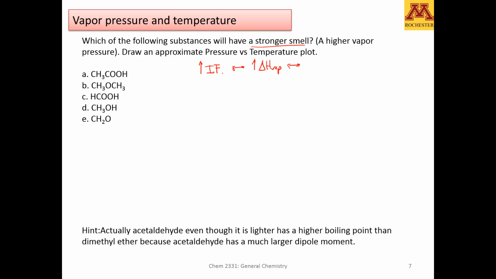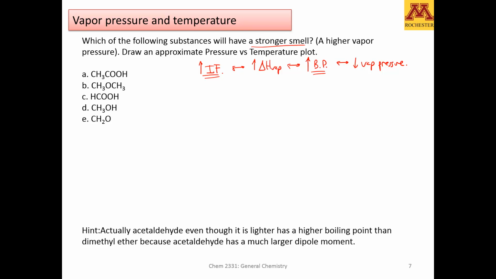It will imply a higher boiling point, and it will imply a lower vapor pressure at a given temperature. Okay, so can we rank these substances in terms of boiling point, or if you will, in terms of intermolecular forces?